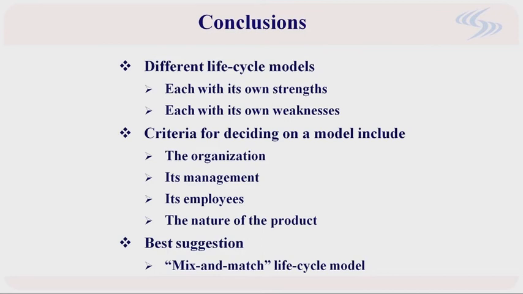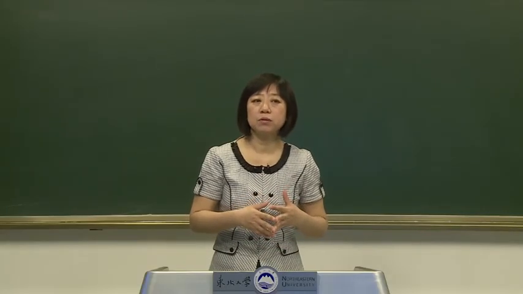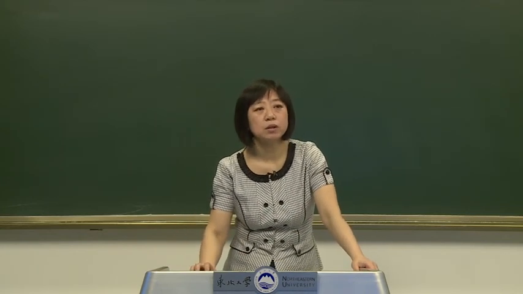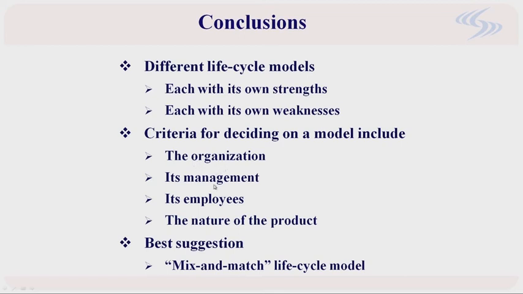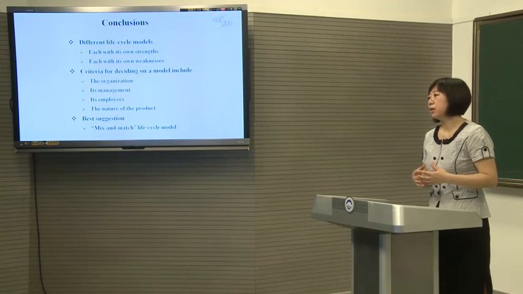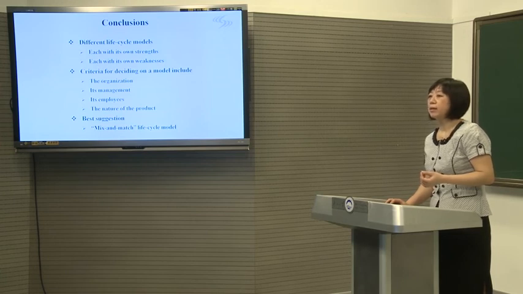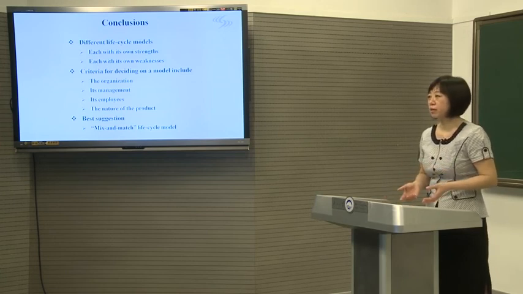From previous introduction, we find that different software lifecycle models have their own strengths and also their own weaknesses. So how to choose a suitable software lifecycle model for our target software system? The criteria will include the organization, its management, its employees, and the nature of the product. So that means the technical skills, the management skills, and development skills, and the target software system's own characteristics. Okay?